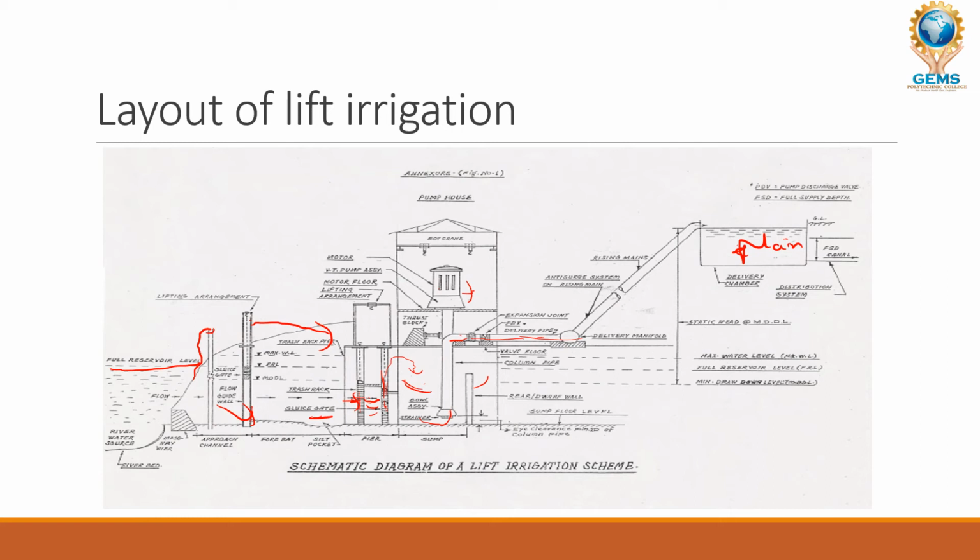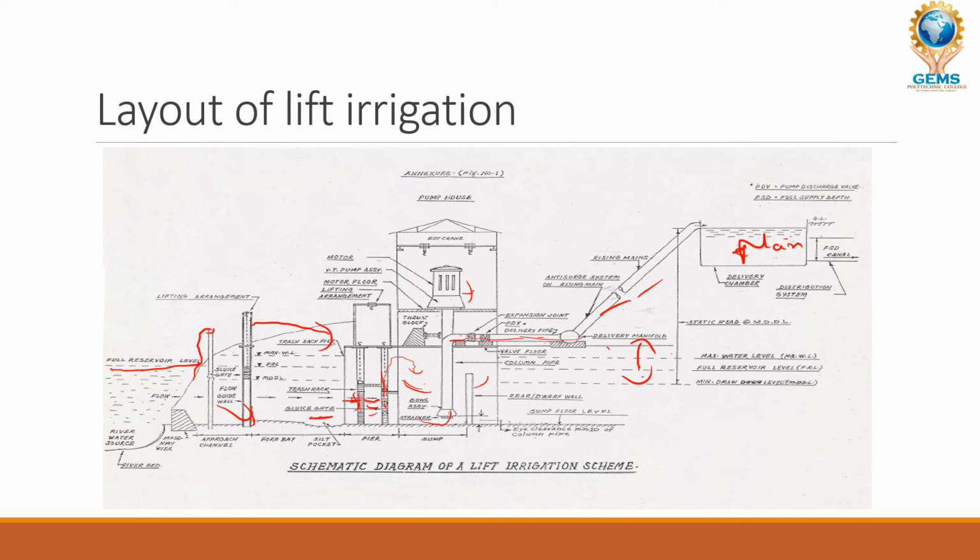To this main chamber, the pipelines have been attached for the flow of water, and this main chamber is also known as the delivery chamber. The water level being maintained is seen at this point: this is the max water level, full reservoir level, and minimum drawdown level.